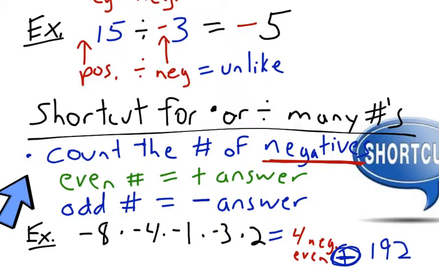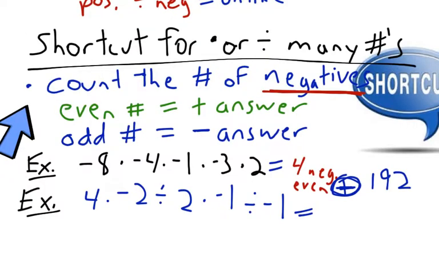Alright, let's try one more of those, and you tell me if it's positive or negative before I tell you. So write it down, and then you can pause the video and check your solution. Alright, take a second, copy down the second example, and then pause the video and try it on your own. Remember, count the number of negatives, and I just want to know if it's positive or negative.